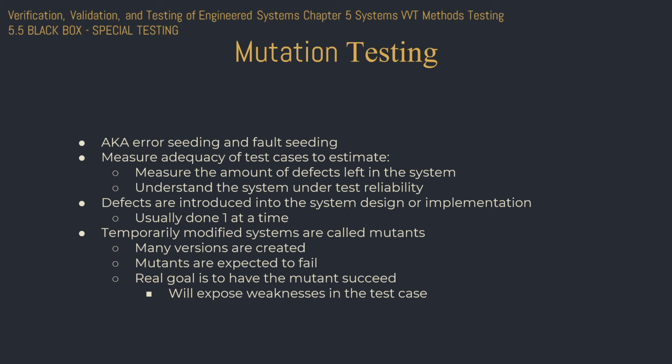So defects are introduced into the system design or implementation, usually one at a time. Temporarily modified systems are called mutants. There are many mutant versions of the system created. Mutants are expected to fail, but the real goal is to have them succeed so that it will expose weaknesses in the test case.